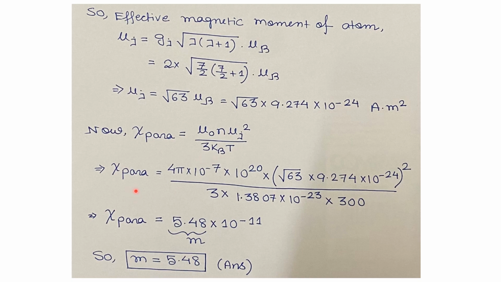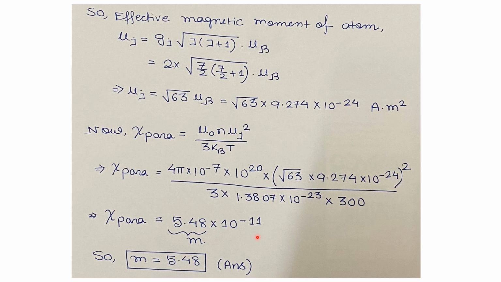Then we get chi_para equals 4 pi times 10 to the power minus 7, that is the mu_naught value, n value is 10 to the power 20, and mu_J squared is root over 63 times 9.274 times 10 to the power minus 24 whole squared, divided by 3 k_B. The k_B value is 1.3807 times 10 to the power minus 23 times the temperature of the system, that is 300 Kelvin. After putting this in and calculating, we get chi_para approximately equal to 5.48 times 10 to the power minus 11.